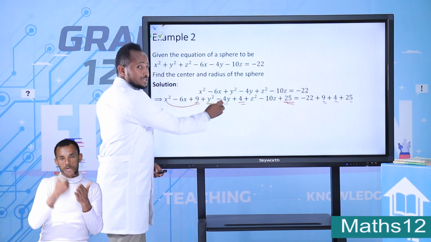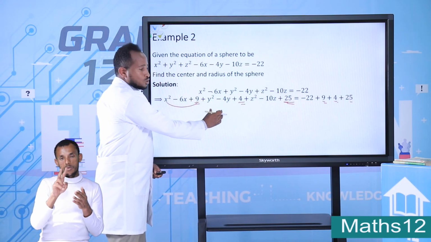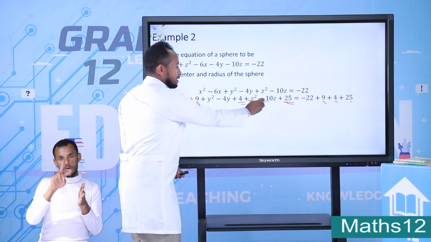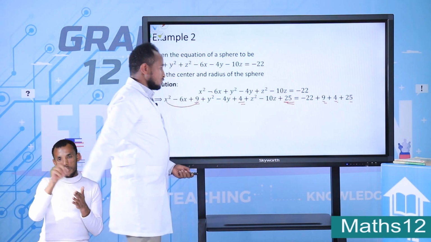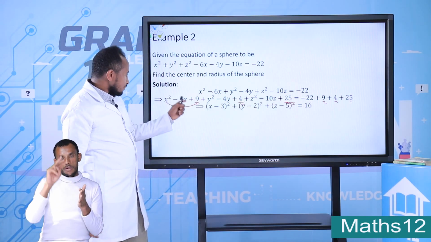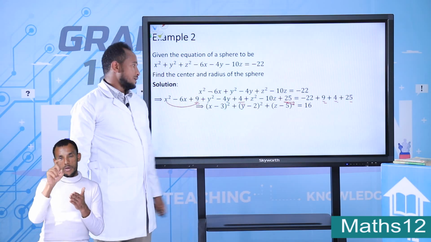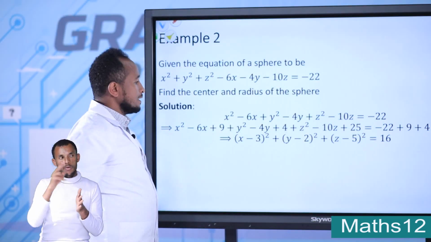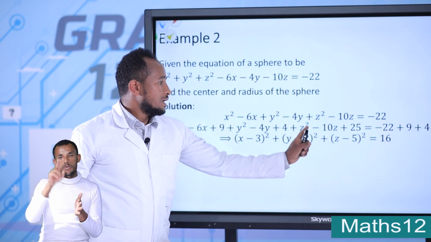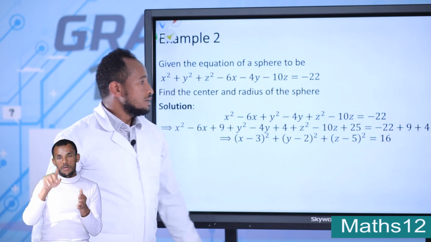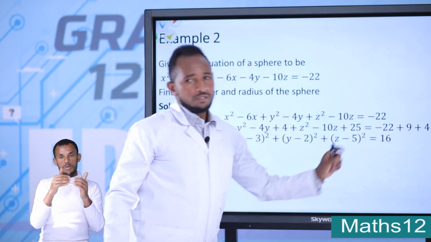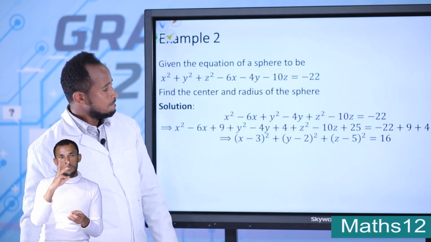This one, y minus, half of this is 2, y minus 2 squared. This one, half of this is minus 5, z minus 5 squared. Therefore, this becomes (x minus 3) whole squared plus (y minus 2) whole squared plus (z minus 5) whole squared is equal to the sum of this, which is 16.